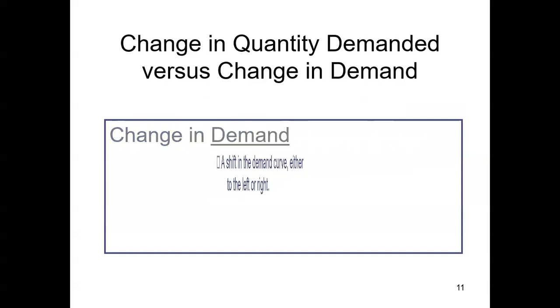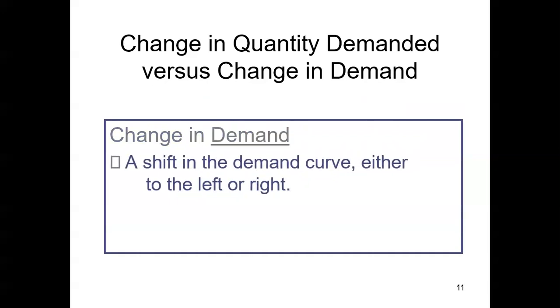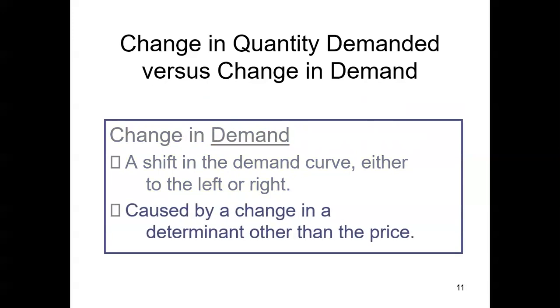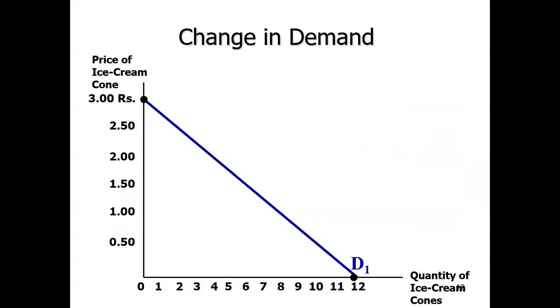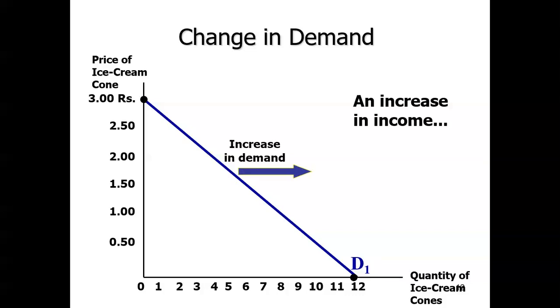Change in demand means a shift in the demand curve, either to the left or right, depending on consumer taste, preferences, price of related products, all these determinants of demand other than the price. If income increases, demand increases, so obviously the demand curve shifts, from D1 to D2.